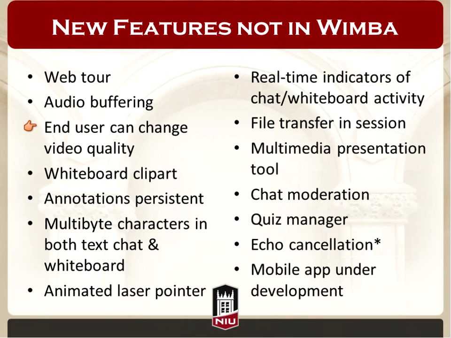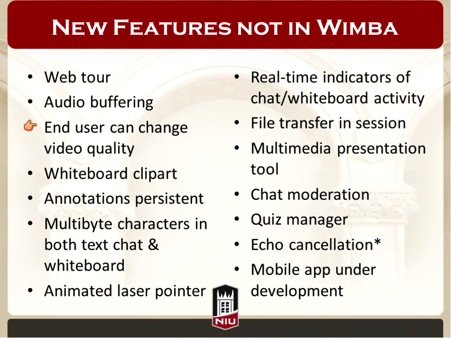Along the lines of control and bandwidth, the end user can now change their video quality. So currently in Wimba Classroom, as the presenter, when you set up your Wimba Classroom, you select a video quality. And then every user receives the video that you send out, your webcam video, in that quality format.